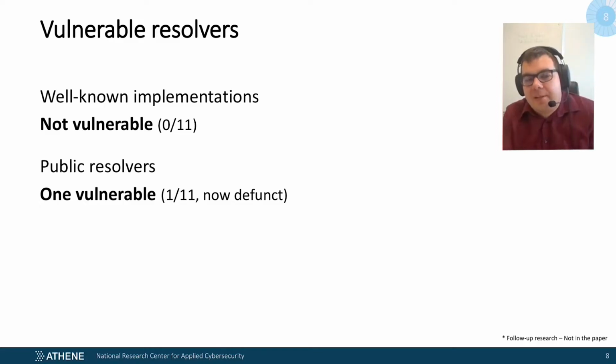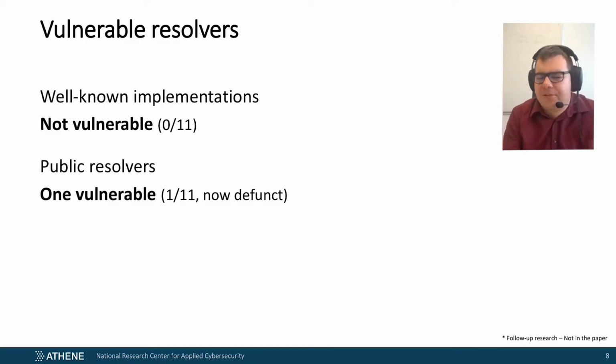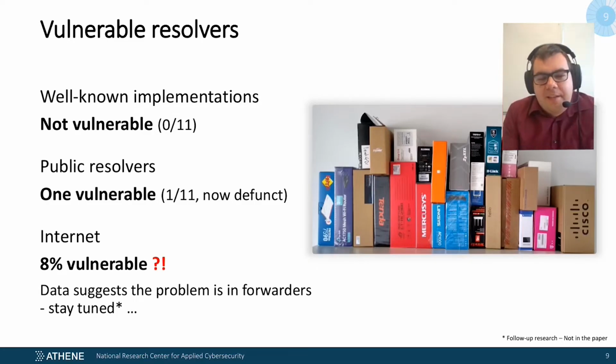And now you will say, okay, but the DNS resolver implementers or the developers of those applications aren't stupid, right? They know about this. And they kind of are. We tested well-known implementations, which weren't vulnerable, and we also tested public resolvers, where we found only one vulnerable. But then we tested the general internet, essentially just open resolvers.